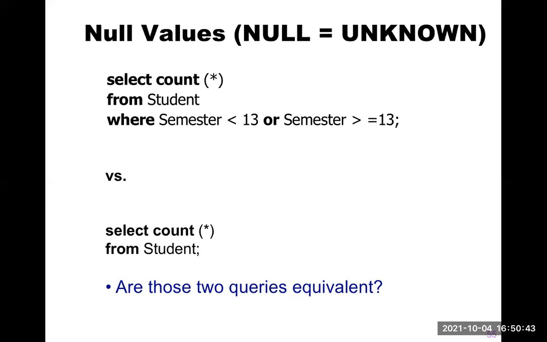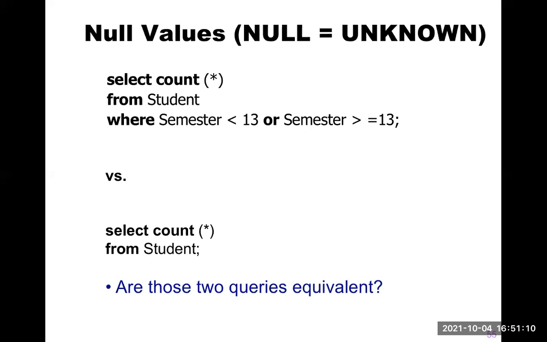Null may mean different things. Null may mean unknown. So let's say I have records about people, each record for a single person, and a column date of birth. There are no people who have no date of birth.